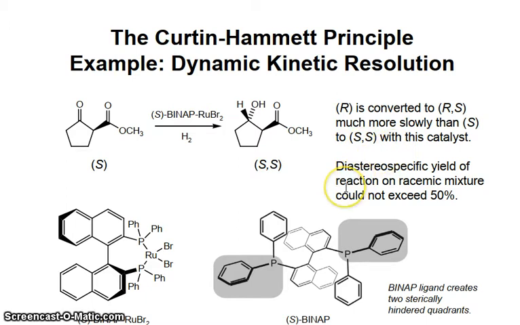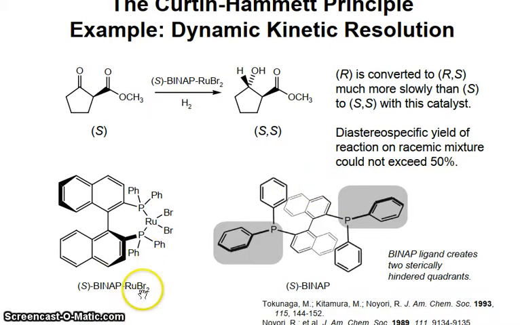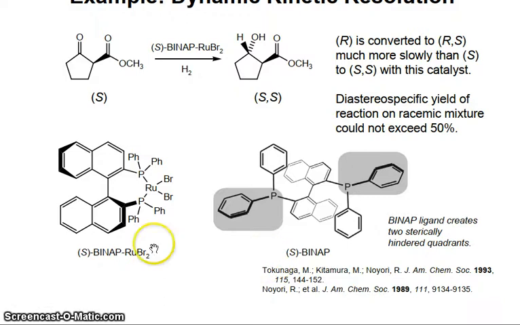Diastereospecific yield of reactions on a racemic mixture could not exceed 50%. So S-BINAP, ruthenium Br2, you can see S-BINAP. BINAP ligands create two sterically hindered quadrants. This is also a published paper in JACS.